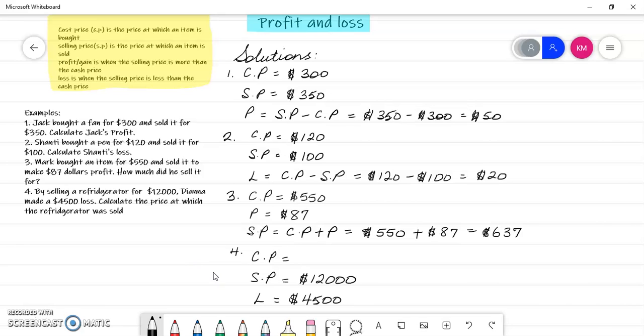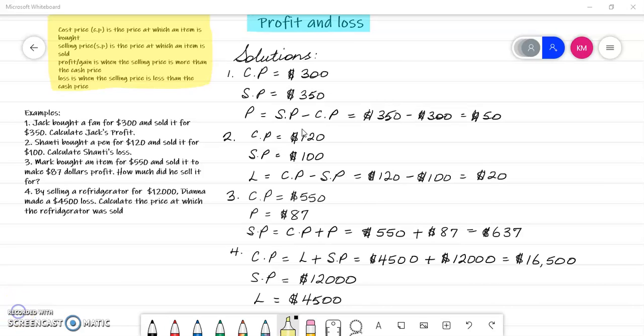Cost price equals loss plus your selling price, and that is going to be 4,500 plus 12,000, and that is going to be 16,500.